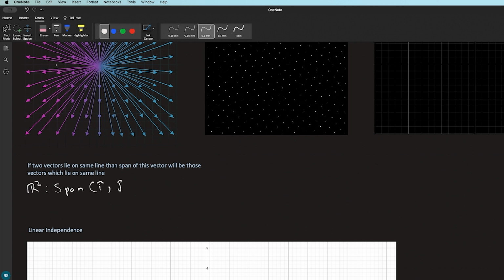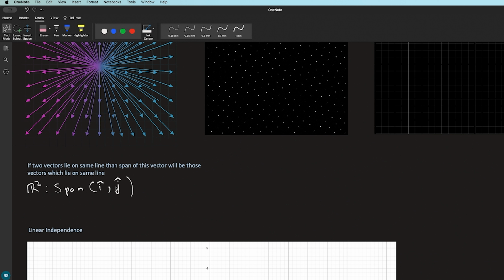This means the set of all possible vectors that result from the linear combination of the standard basis vectors i and j.